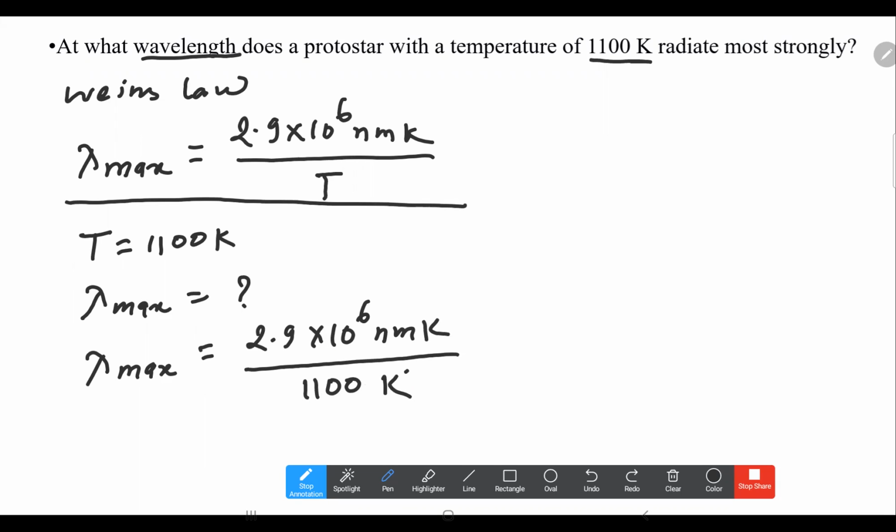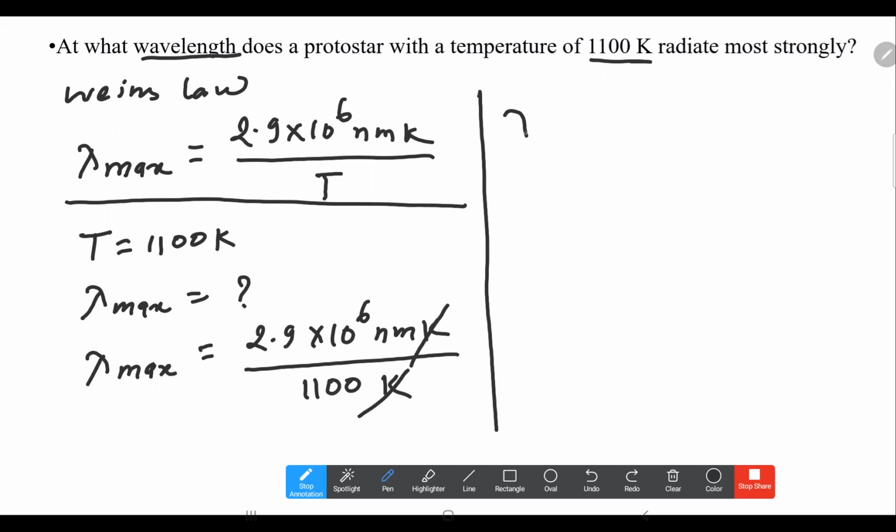We can cancel the Kelvin and only nanometer will be there, so that is the unit of distance. Lambda, the wavelength, is simply the length of one wave.